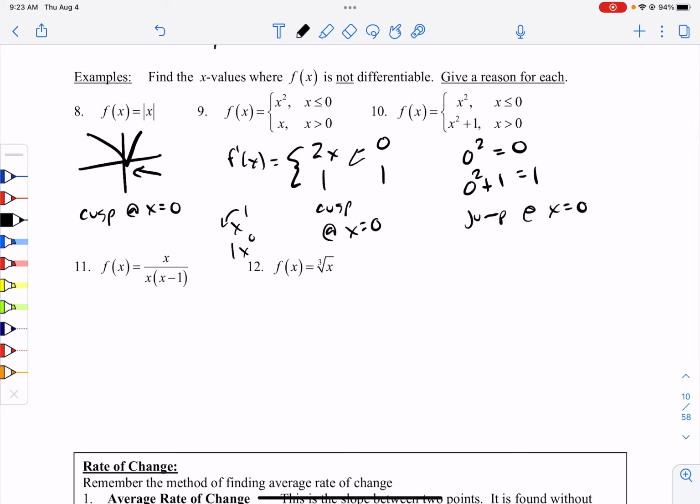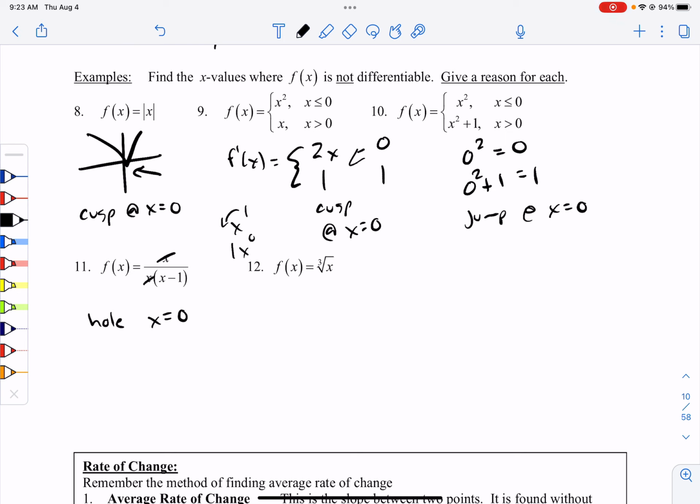Number 11, f of x equals x over x times x minus 1. Oh, geez, lots of problems with this one. Remember, if I were doing a limit, these would cross out. Those would cancel. What did we call that? We called that a hole. We called that a removable discontinuity when x equals 0.